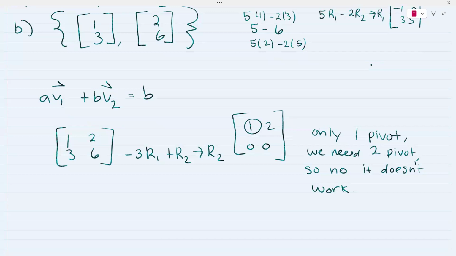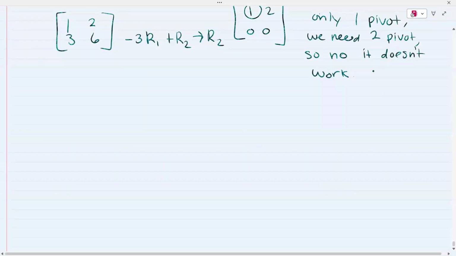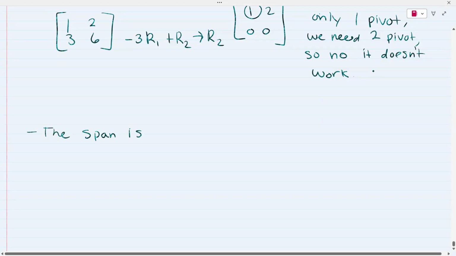So let me write this down. So the span is all the linear combinations.